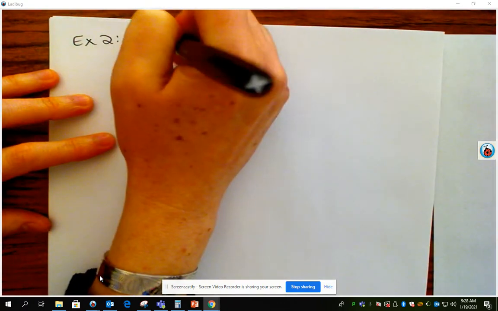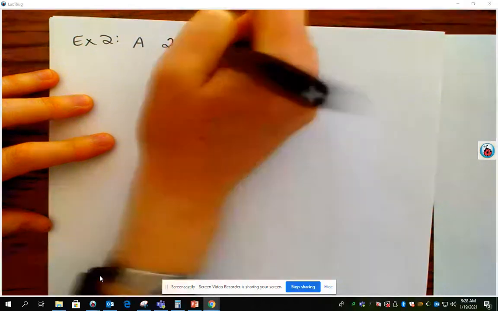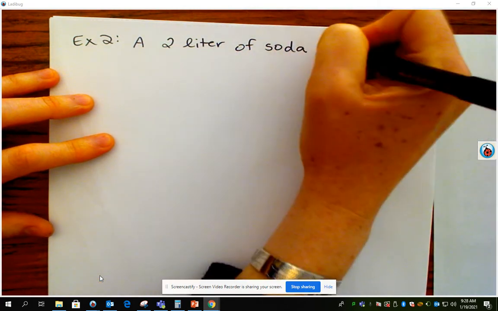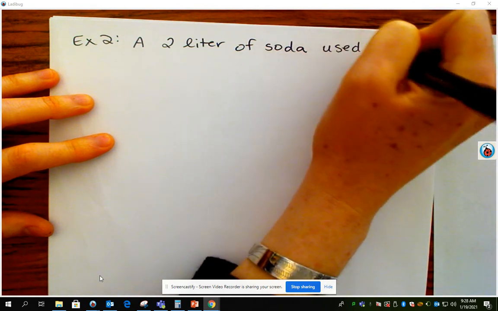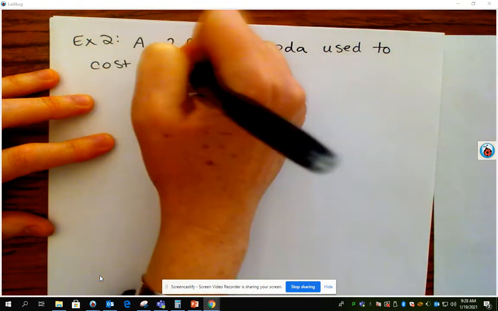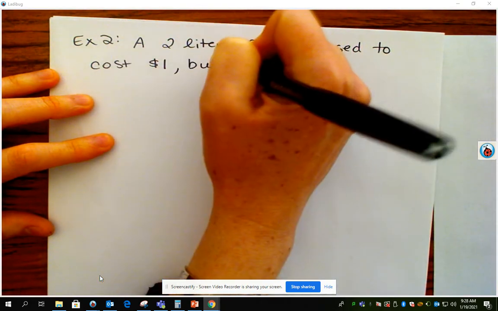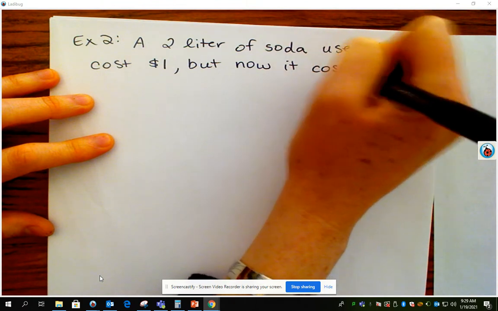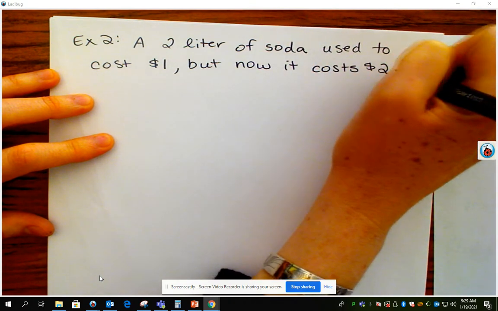Example 2, say that a 2 liter of soda used to cost $1, but now it costs $2.50.